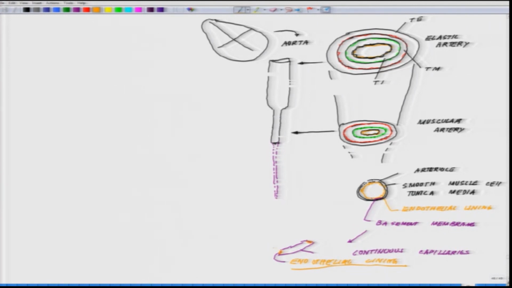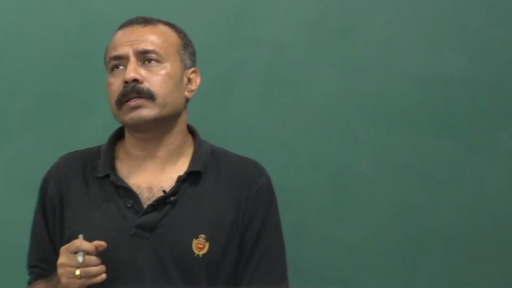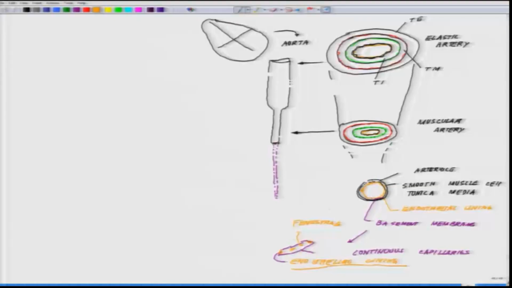And these continuous capillaries have a lot of structures called fenestrae. Fenestrae are the windows where exchange of gases and other particles takes place. So, this is the only place where the integrity of the structure is being compromised big time. So, this is the narrowing which is happening.